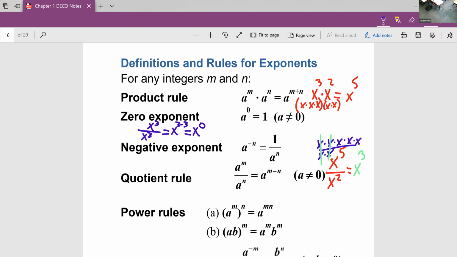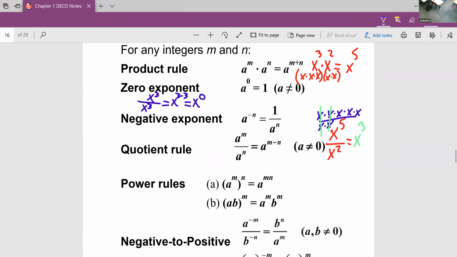But look at what we started with. If the whatever's on top is identical to what's on bottom, what did we say we could do with any number divided by itself? What is any number divided by itself? What's 5 over 5? What's 100 over 100? What's negative 7 over negative 7? 1. So if I have x to the third over x to the third, what does that have to equal?